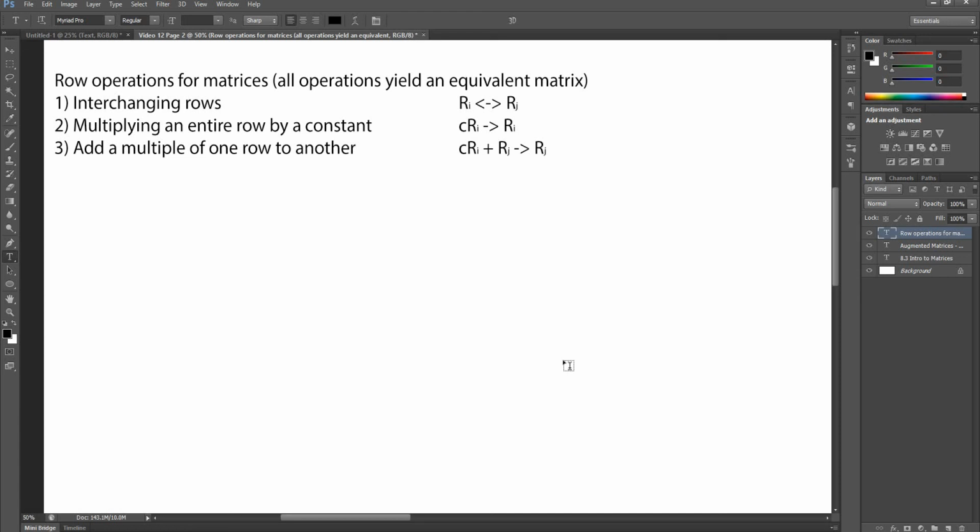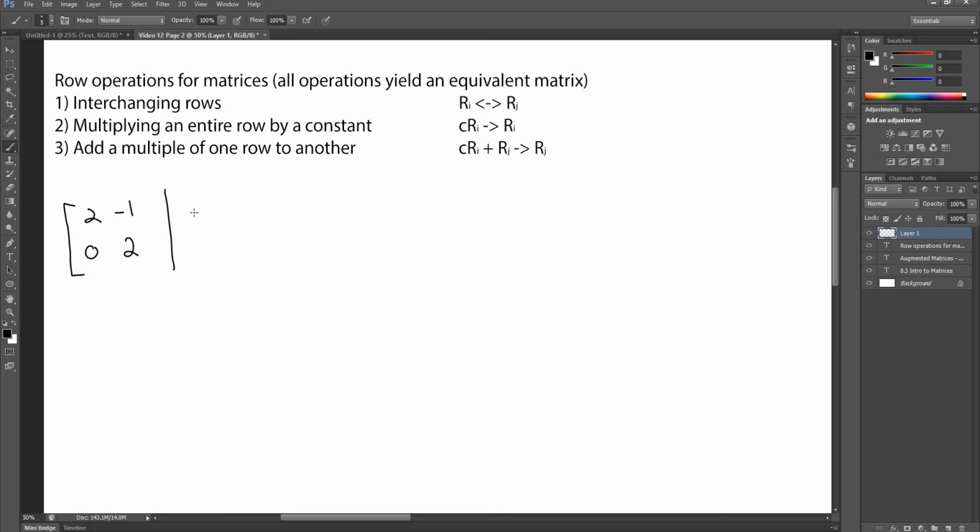So I need my brush. I'm going to go add a new layer. So I'm starting with just some examples. So here's 2, negative 1, 3, 0, 2, 1.